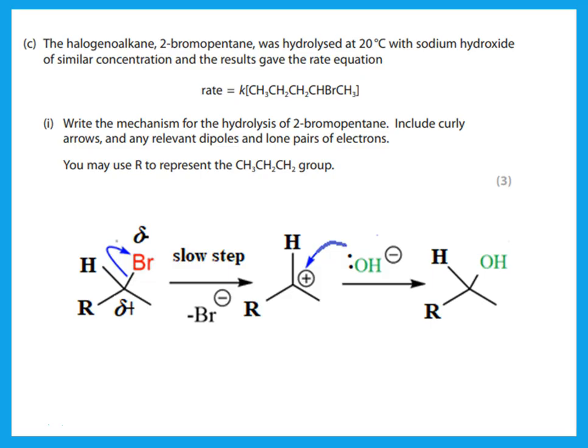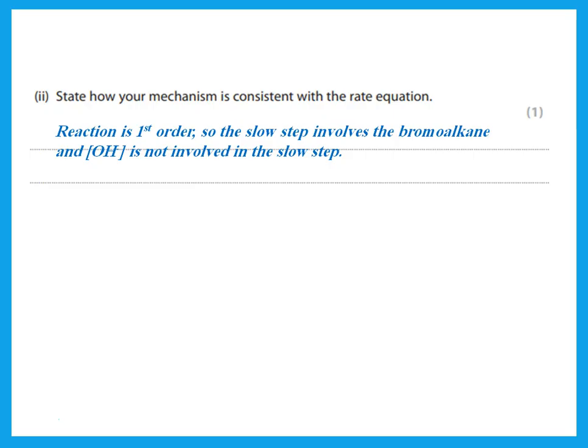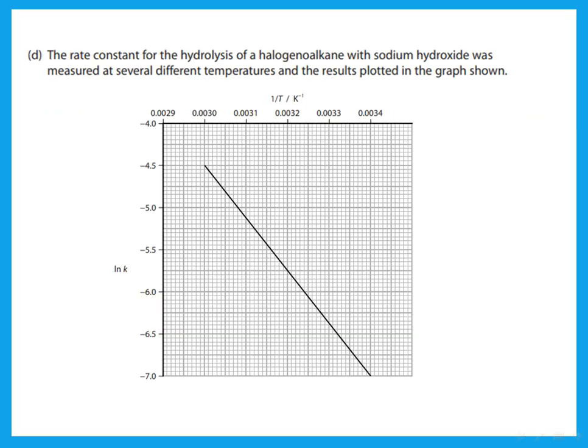Then the bond breaks to form a carbocation, and then the OH minus attacks this carbocation to form the product. Okay? State how your mechanism is consistent with the rate equation. We said the reaction is first order with respect to the bromoalkane, so the slow step involves the bromoalkane and hydroxide is not involved in the slow step.